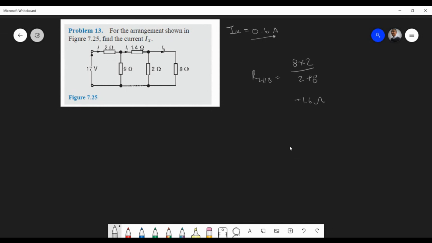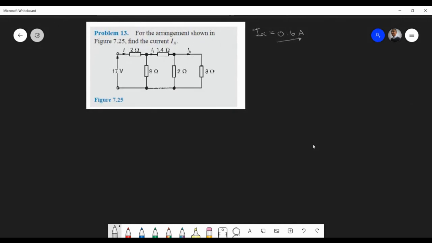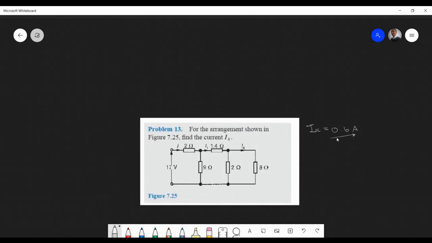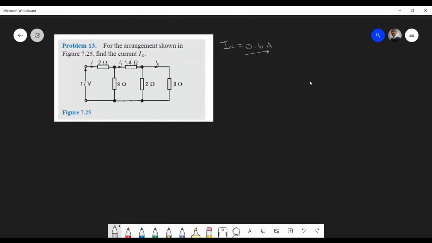So I hope everyone agrees with me so far. Then I should actually do this here. Let me write it over here. So I'm going to sketch my circuit now.